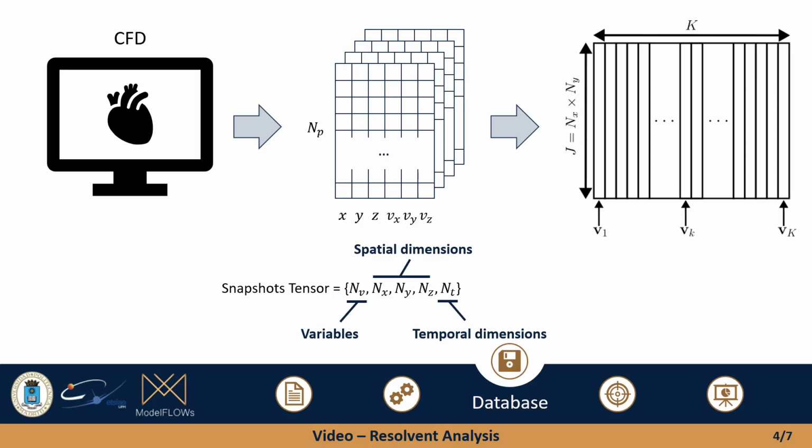In the case of the channel, we can have the temperature, the Nusselt number, etc. We organize this either as a snapshot matrix, concatenating the time snapshots in one dimension and all the spatial dimensions in the other, or a snapshot tensor, where we have our variables, spatial dimensions, and finally the temporal dimension, depending on the implementation of the HODMD.